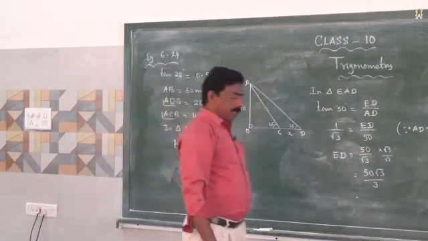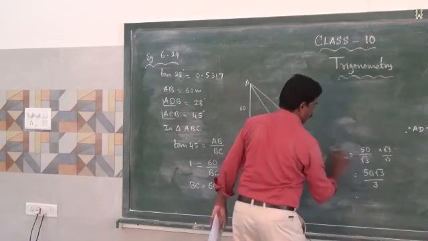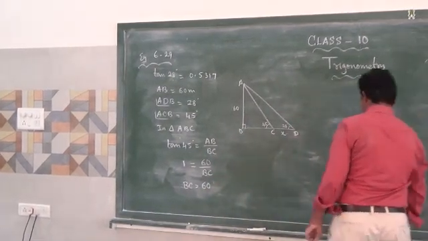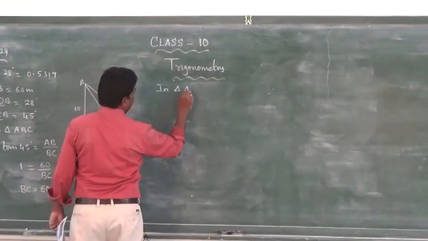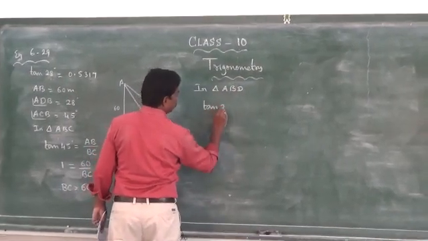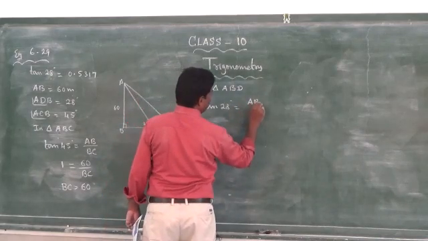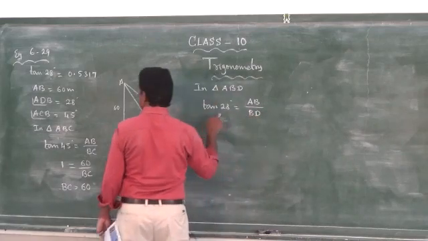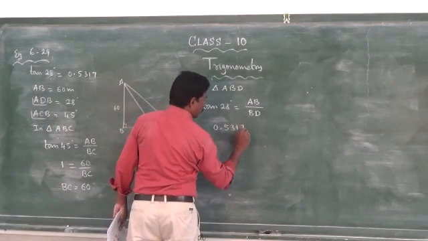Now, in triangle ABD, tan 28 equals opposite over adjacent. Opposite is AB and adjacent is BD. Tan 28 value is given, 0.5317.